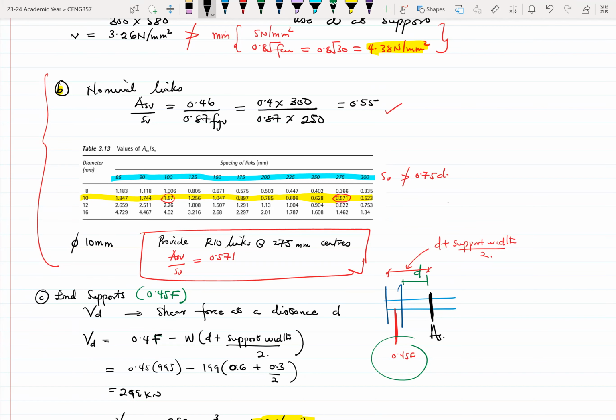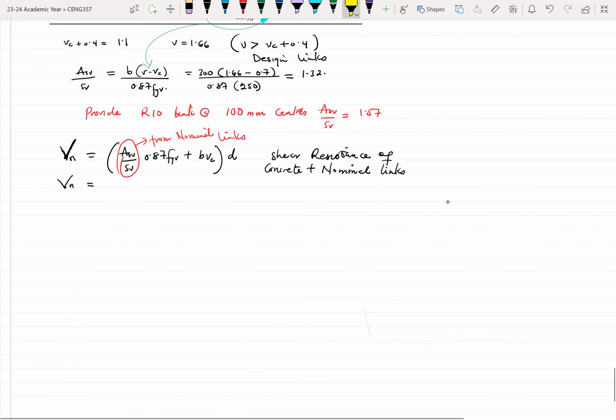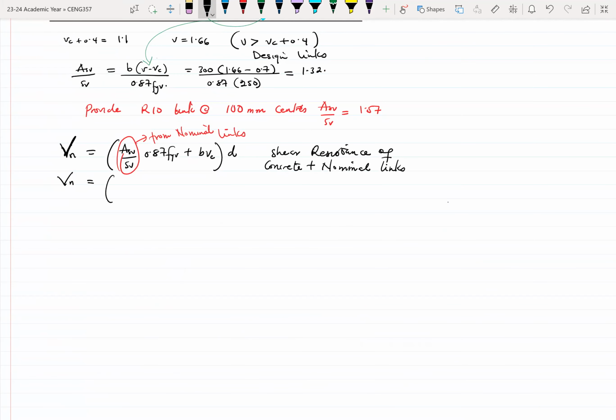Yeah, so it was 0.571. Okay, 0.571. So this becomes 0.571 times 0.87 times 250. So that will be in a smaller bracket. Then plus B of 300.